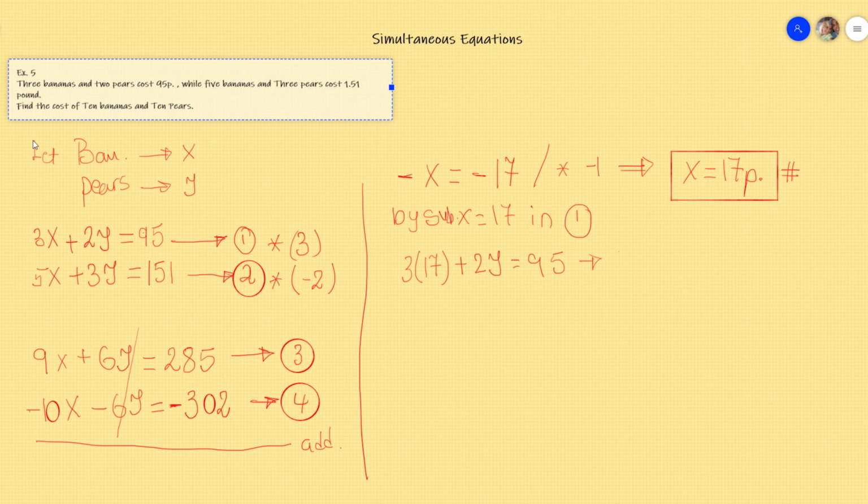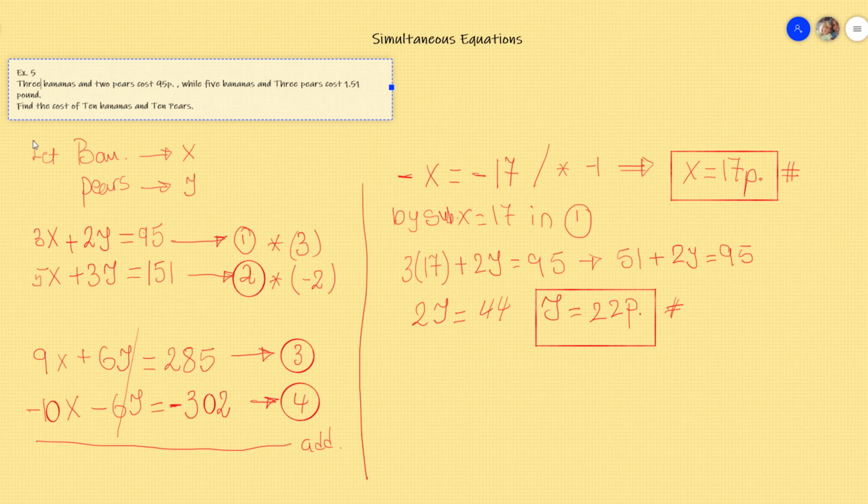So we will have 51 plus 2y equal 95. So 2y is equal 44. So y is equal 22 pence, and this will be the pears.